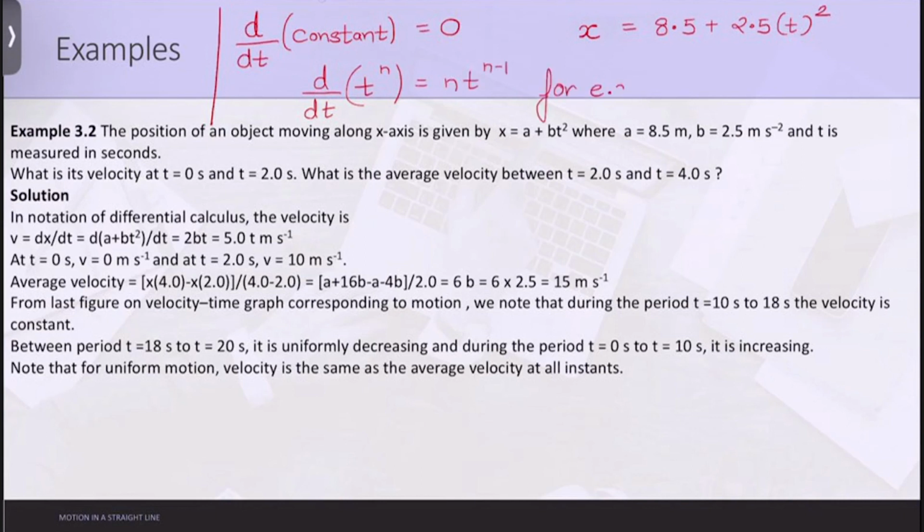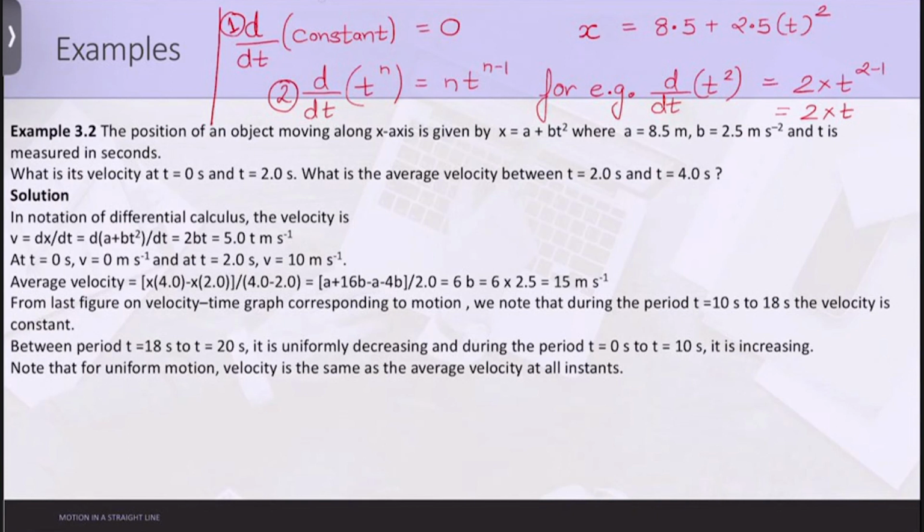For example, d by dt of t square will be 2 into t to the power 2 minus 1, which is 2 into t. So for this question, we need these two differentiation rules. Just understand these rules for now, and then we can go with further discussion.